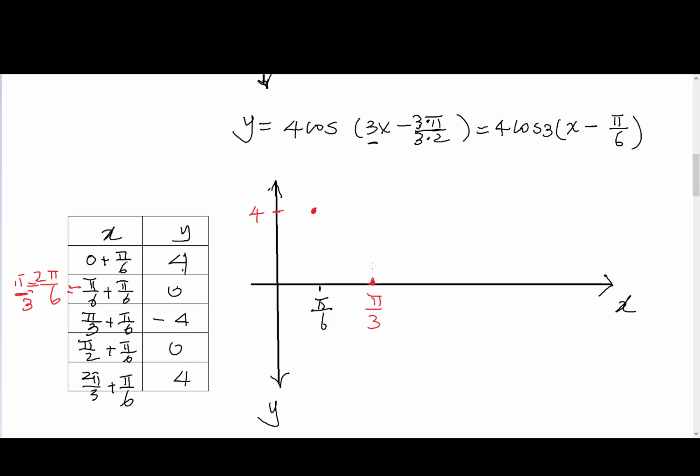That's when it is 0. And then pi over 3 plus pi over 6, which is 3 pi over 6, and now it's pi over 2. Pi over 2 will correspond to negative 4.